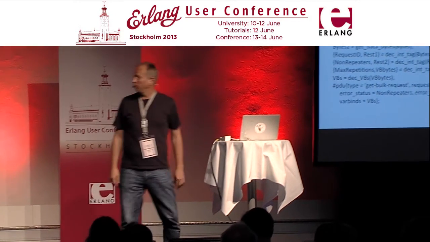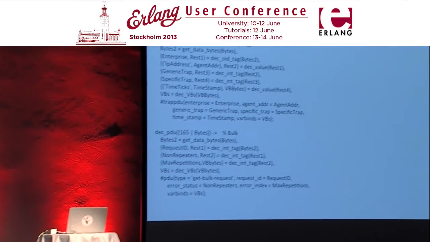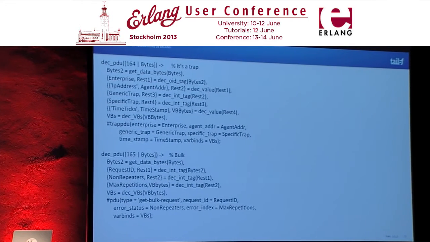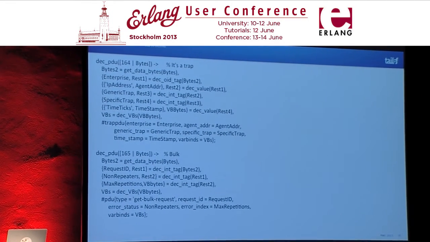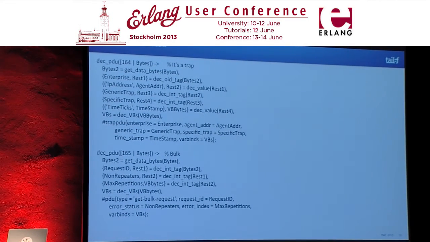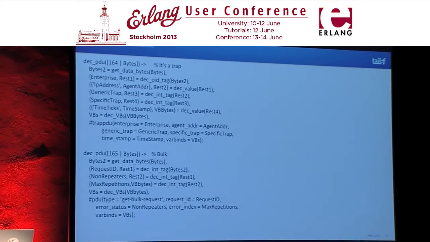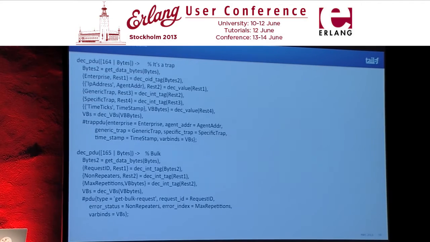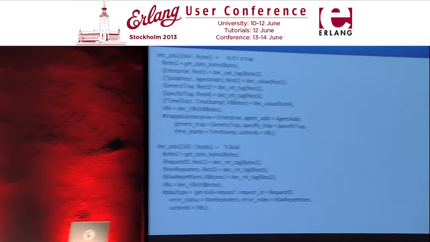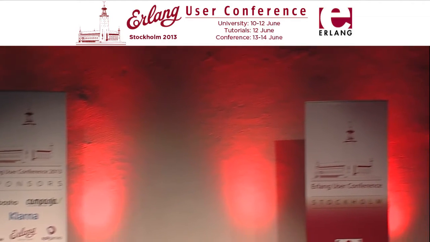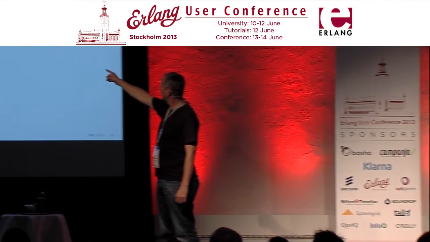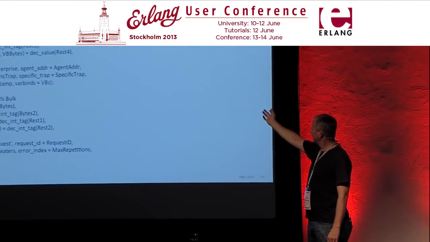Here's some code. The previous code you saw was the bit syntax. That's classical protocol implementation code for Erlang. This is the other typical classical protocol style of decoding. This code gets a sequence of bytes. First byte is 164. It's a trap. Then you have a function that takes the remainder and does something.